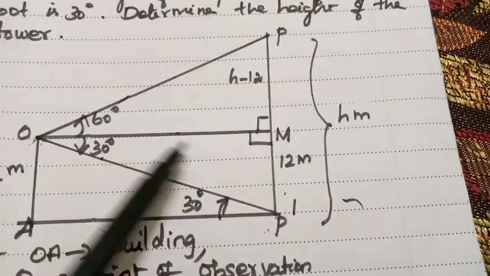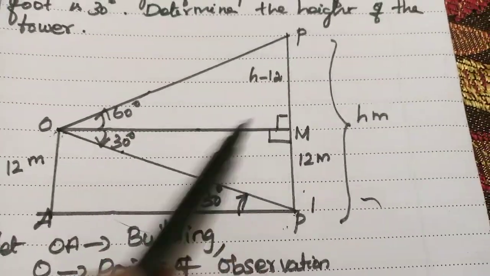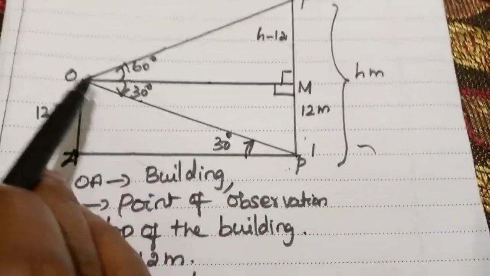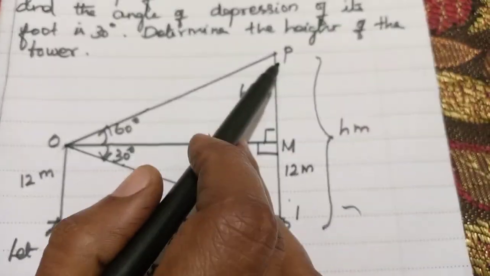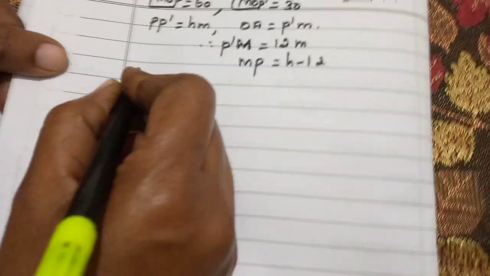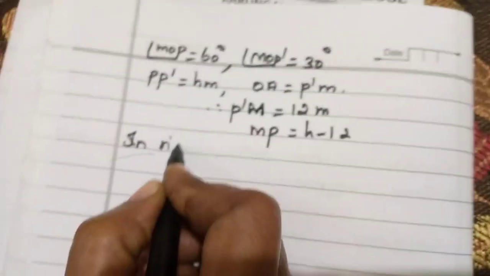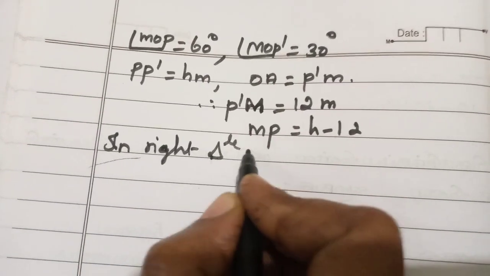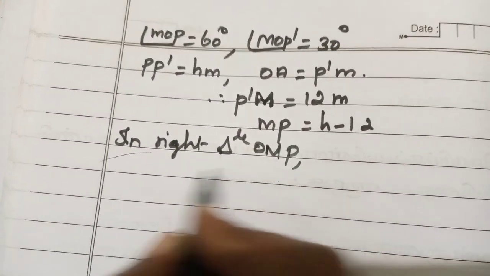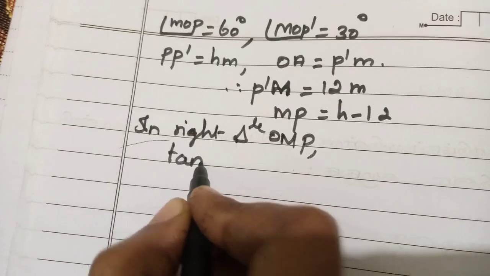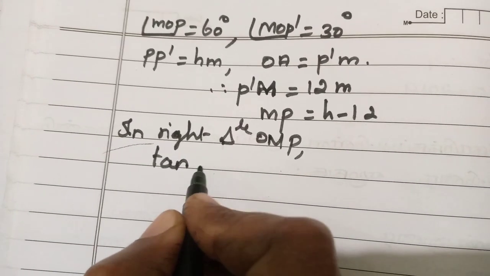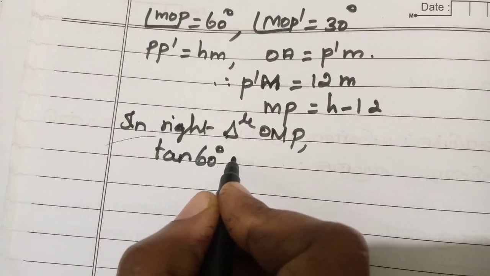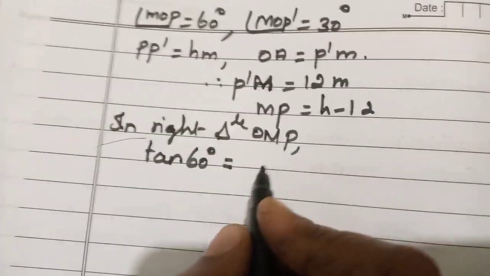Let us take this right triangle. Here we have two right triangles. First of all, let us take the right triangle OMP. In right triangle OMP, tan, what is the angle of elevation given? 60 degrees, no? So tan 60 equals opposite side over adjacent side.